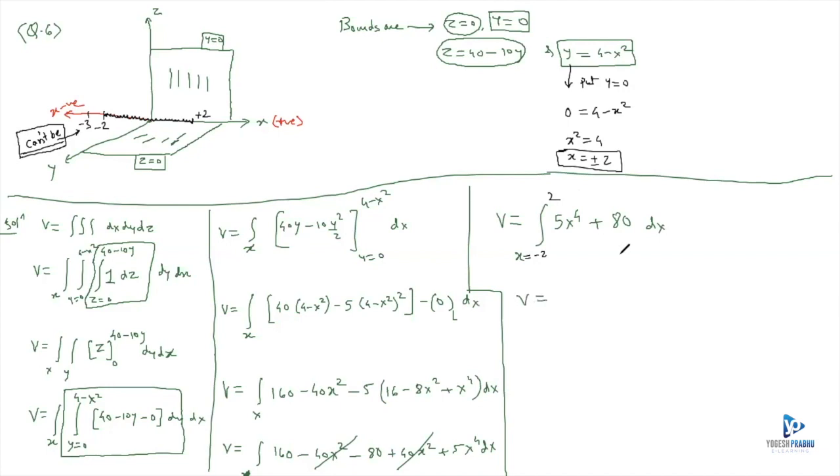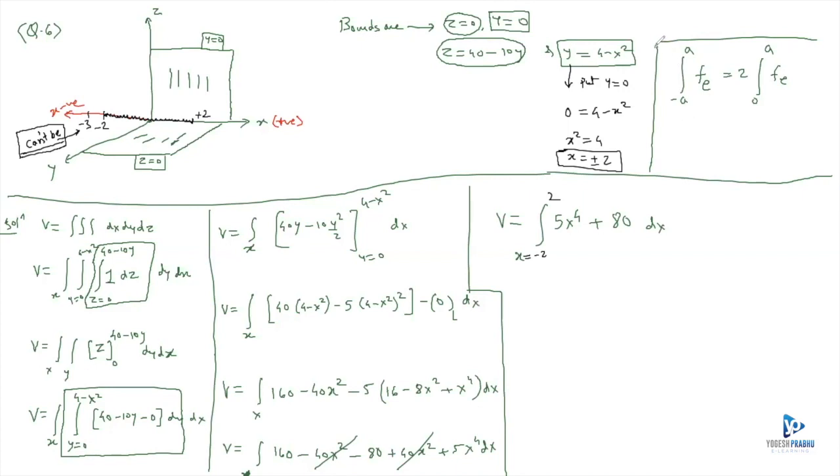Do you also know there is one thing about the integrals, that if you have the integral from negative a to a of an even function, then the value is 2 times the integral from 0 to a of that function. Do you know what is an even and odd function?